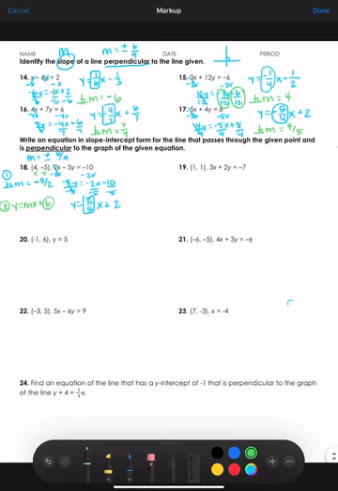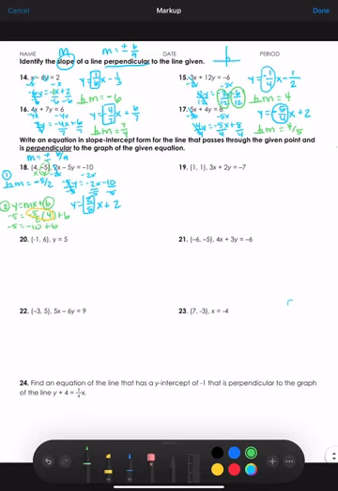So I'm plugging in negative 5 for y, equals m is negative 5 over 2, x is 4, plus b. To solve that fraction, I'm going to multiply the numerators together. Negative 5 times 4 is negative 20. Negative 20 divided by 2 is negative 10. So I get negative 5 equals negative 10 plus b.